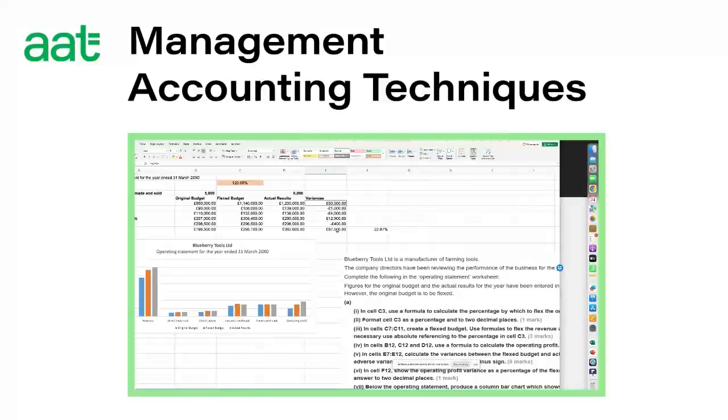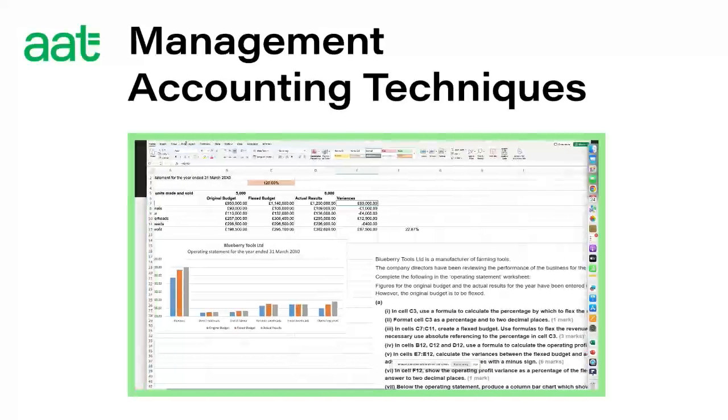What you've got to do here, they've said, is you've got to first think, is this variance that I'm going to calculate an adverse or a favorable variance? So in this case, in the first instance, your actual sales revenue, that's a revenue being greater, is a good thing. So that's favorable. So you're going to use the formula D7, which is that cell, minus C7.